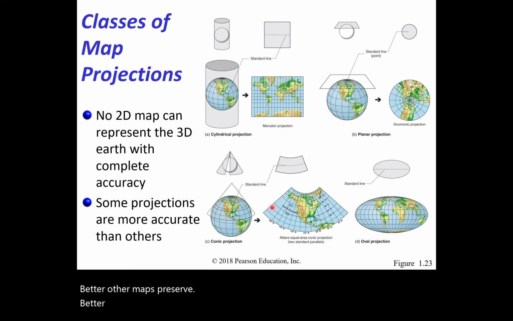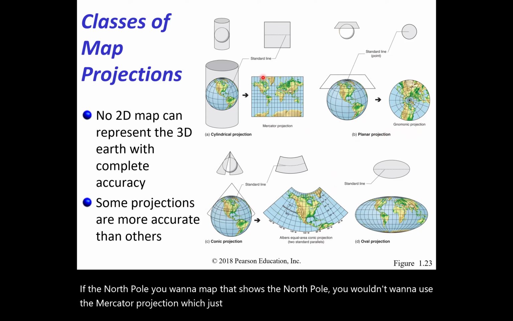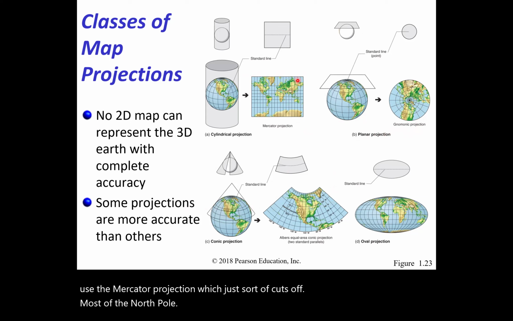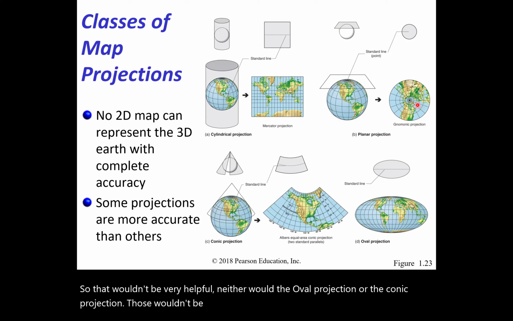And of course, if you're going to be working at the North Pole, you want a map that shows the North Pole. You wouldn't want to use the Mercator projection, which just sort of cuts off most of the North Pole. So that wouldn't be very helpful. Neither would the oval projection or the conic projection.